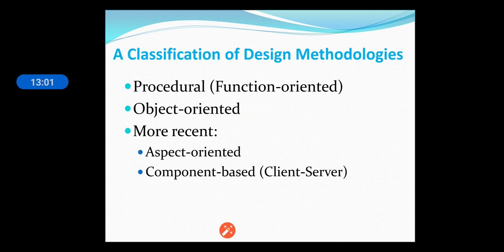Whenever the design methodology is object oriented, we go with the UML diagrams. Other than these two, the very recently introduced design methodologies are aspect oriented design methodology and component based design methodology. The component based design methodology is also called the client server design methodology.